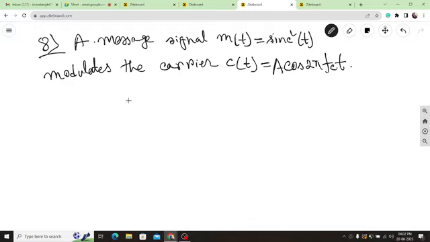So you have to find out what is the bandwidth of the modulated signal.